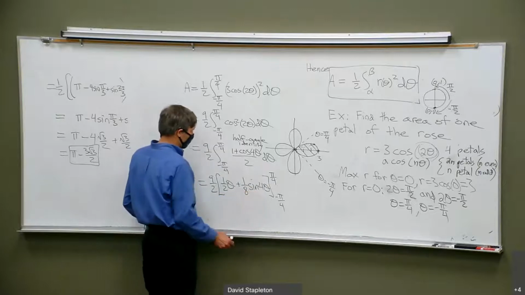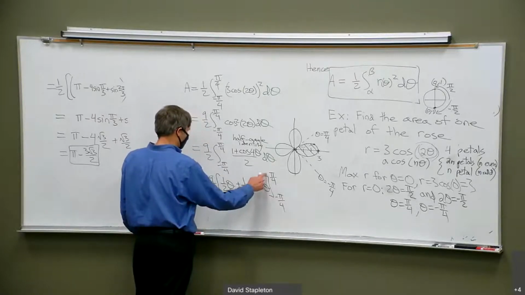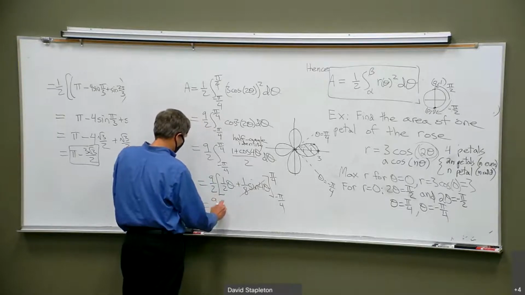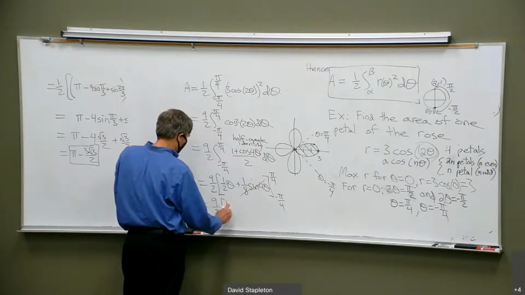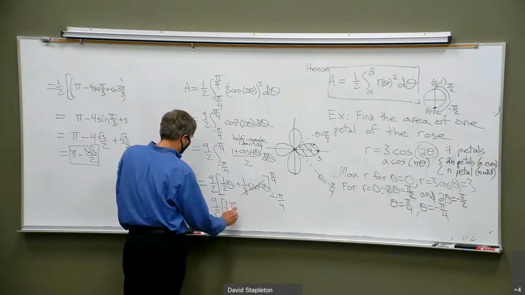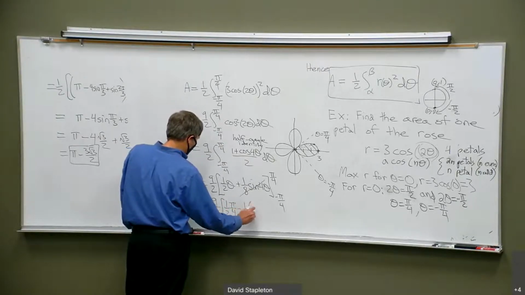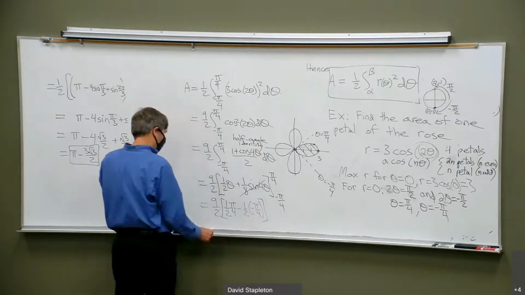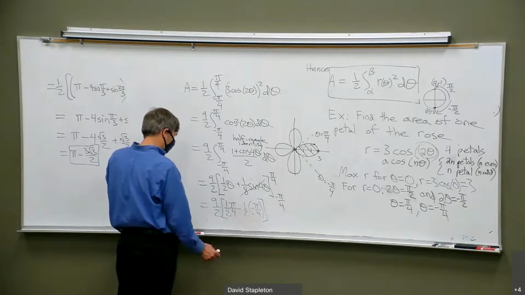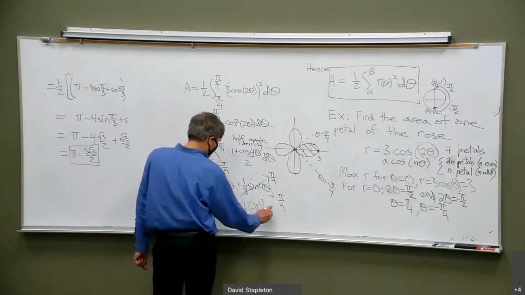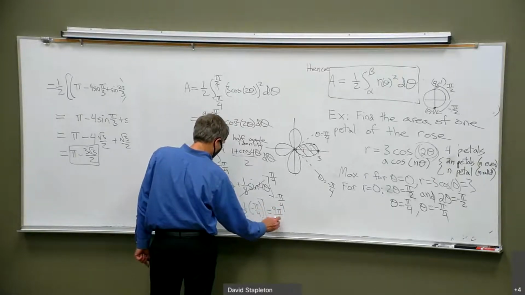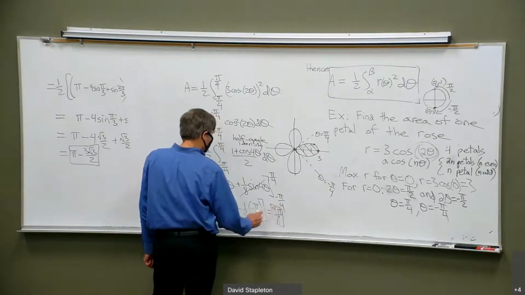So this one's actually not going to contribute anything. We can just drop it out, right? These two angles, it's going to be 0. All we have is 9/2 times (1/2 times pi over 4 minus 1/2 times negative pi over 4). Well, a half pi over 4 plus a half pi over 4 is pi over 4. We get 9 pi over 8. There's the area.